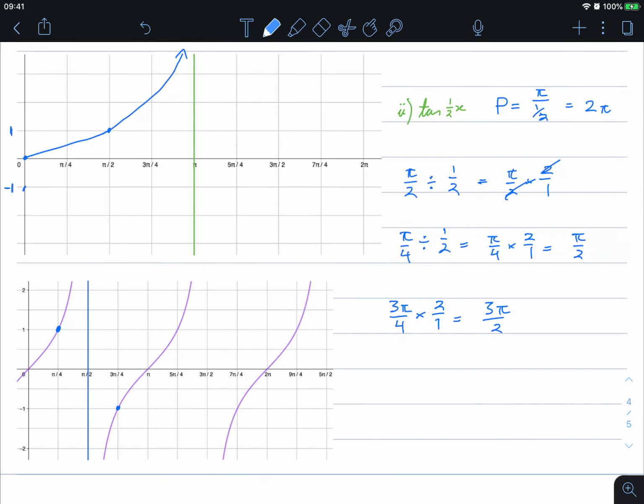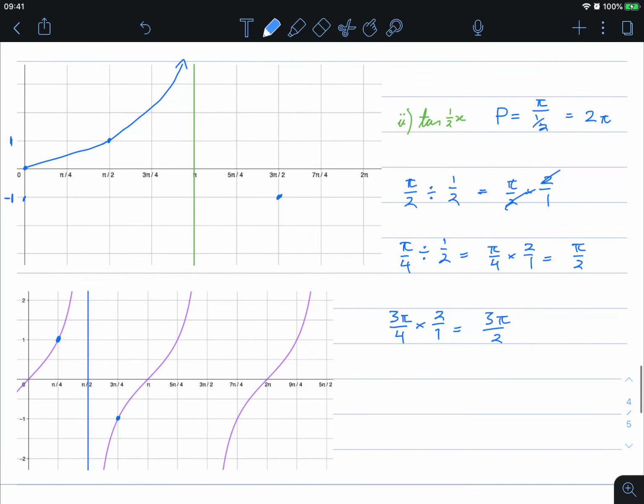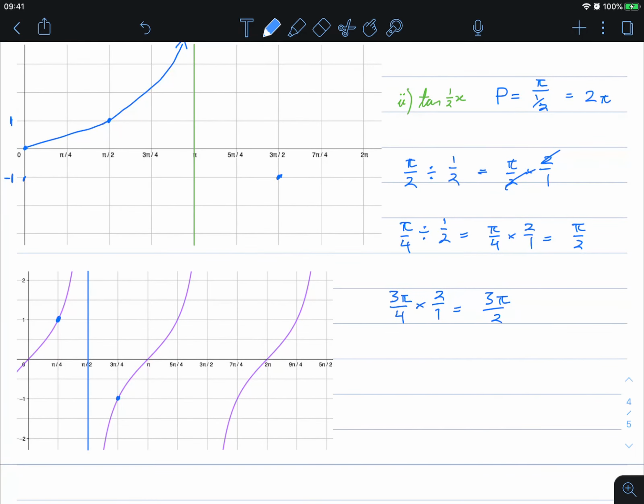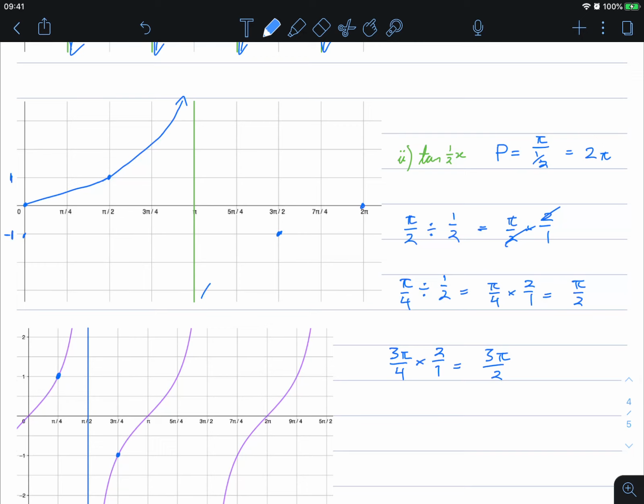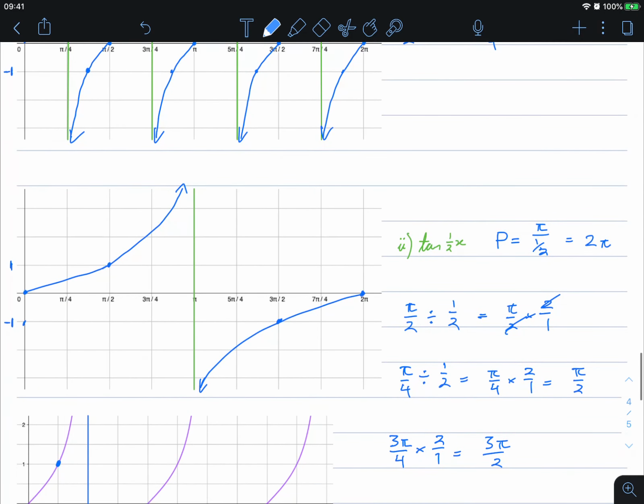So this negative 1 value, which is originally at 3 pi on 4 here, is now going to be at 3 pi on 2. And because the function ends on 2 pi, it has to end back there. So we can kind of graph this like so. And there's our graph, tan half x.